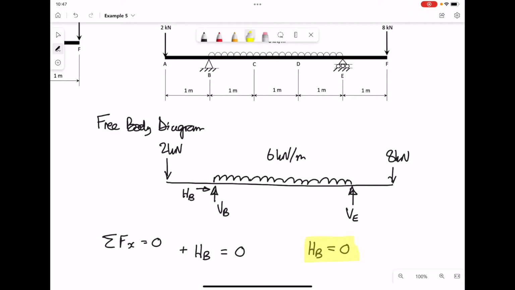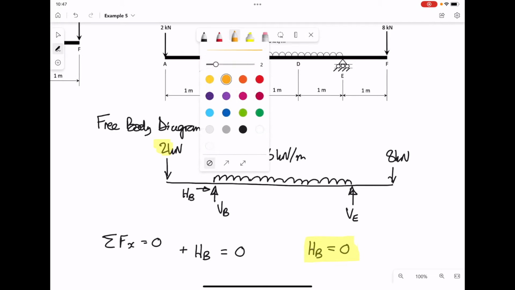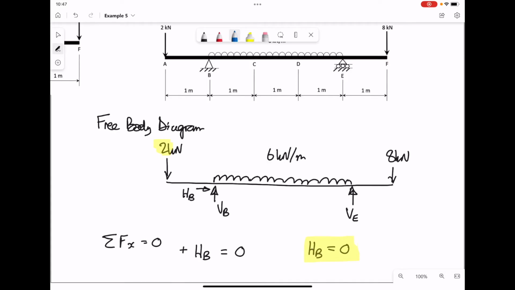So first of all, starting off with the 2 kilonewton point load, the distance involved would be a distance of 1 meter. So the moment produced in that case will be 2 times 1. For the UDL, we concentrate all of the weight of the UDL.